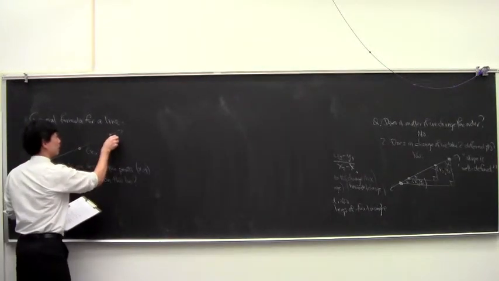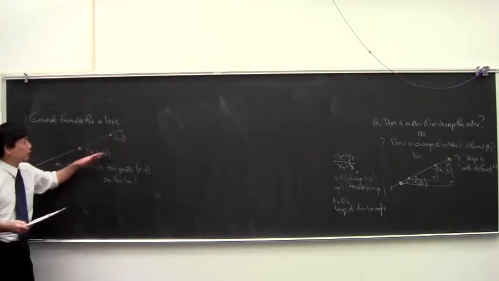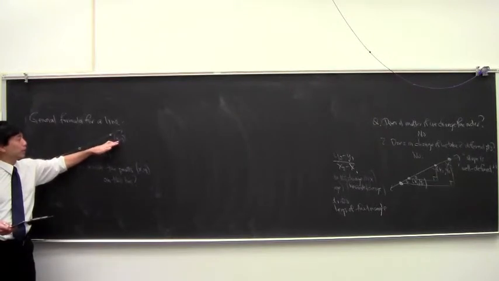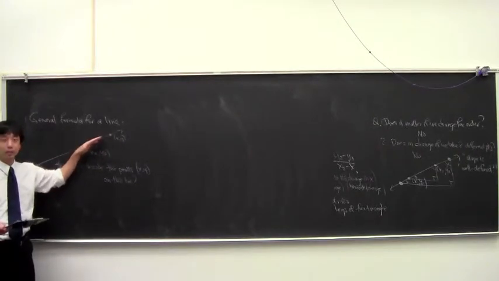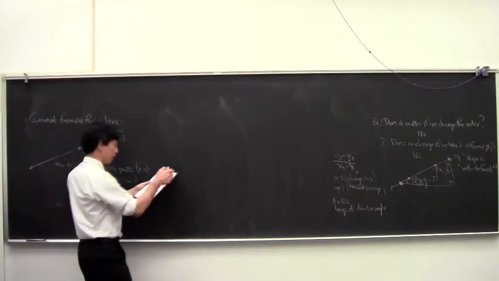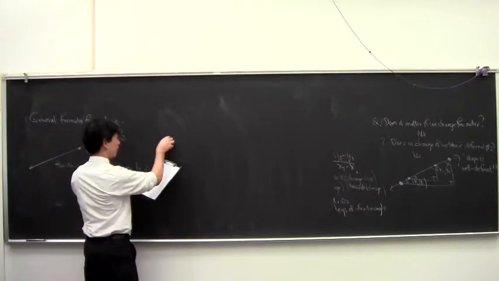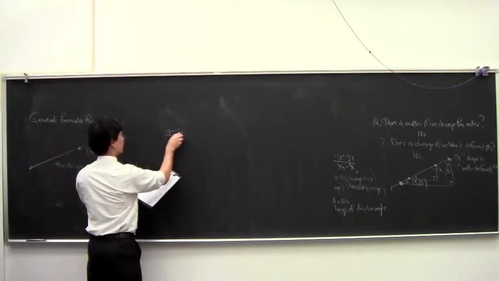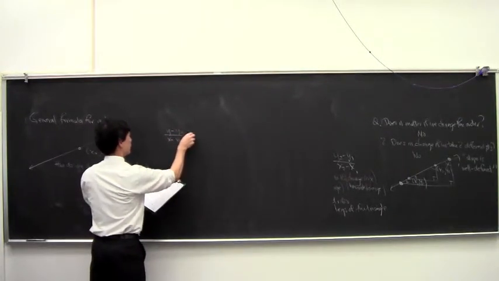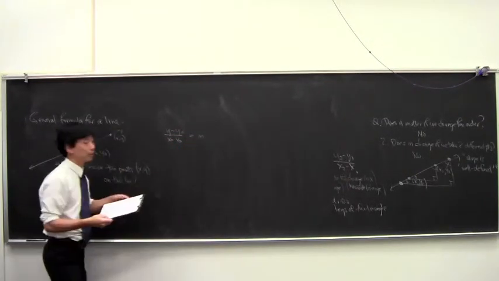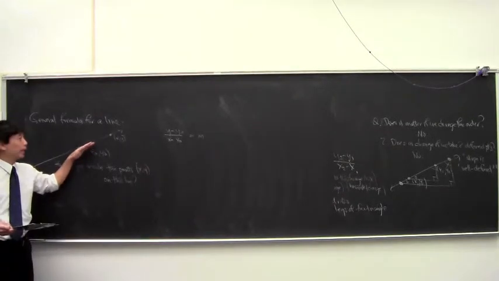Well, we make an observation that if I take any point x, y on this line, then I know that y minus y naught over x minus x naught is some value m, right?